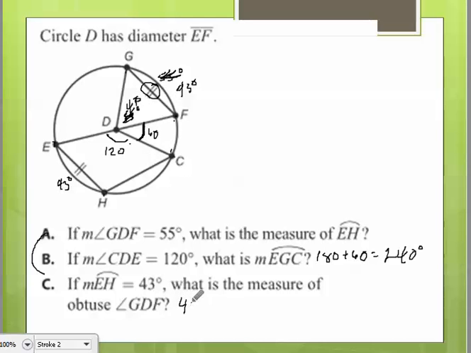What they're trying to make certain you catch is if this chord is equal to another chord on the circle, then the arcs are going to be equal. And if the arcs are equal, the central angles are equal too, and since the chords that make those arcs are the same, the arcs are the same measurement too.